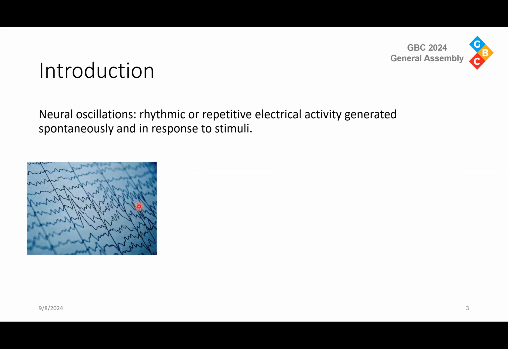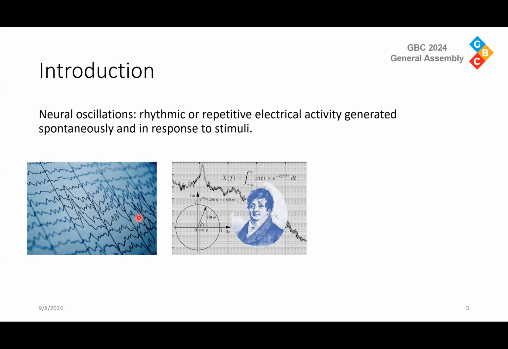And how do we study neural oscillation? This is the spectral wave, and we apply the transformation with basis functions, using sine and cosine.